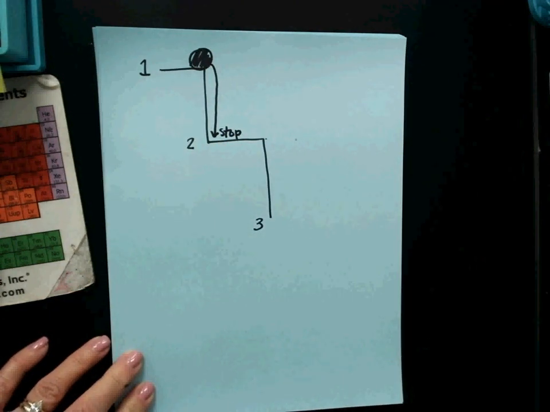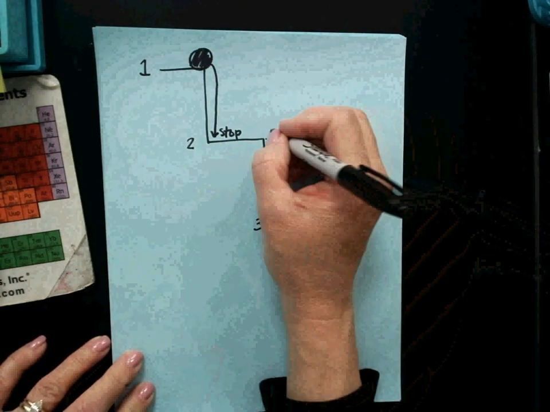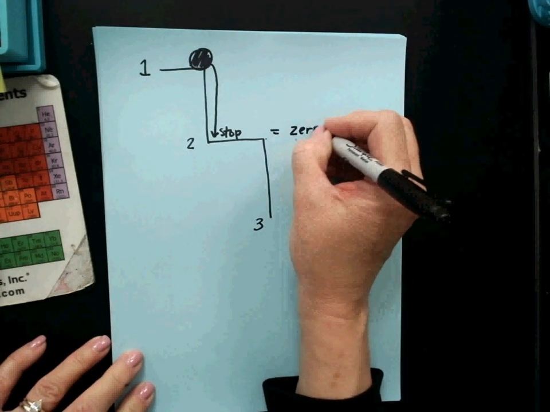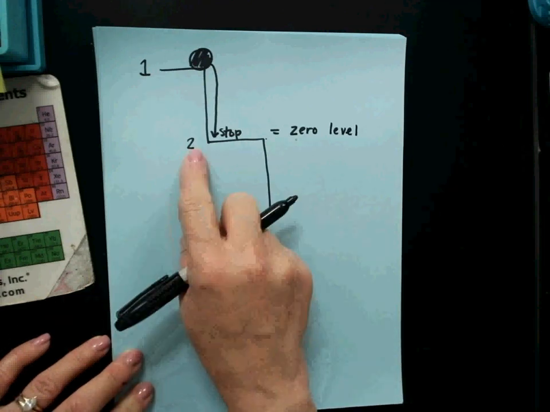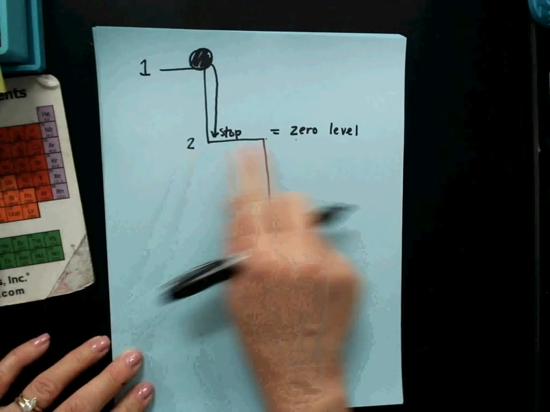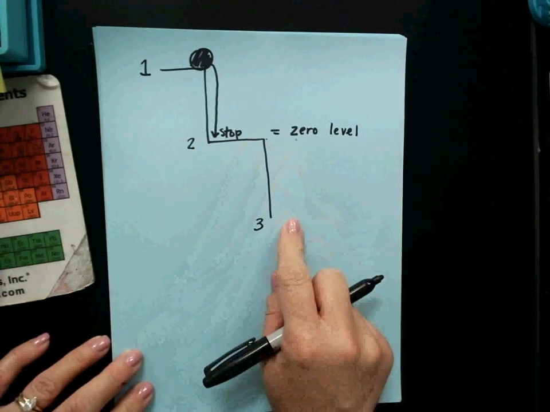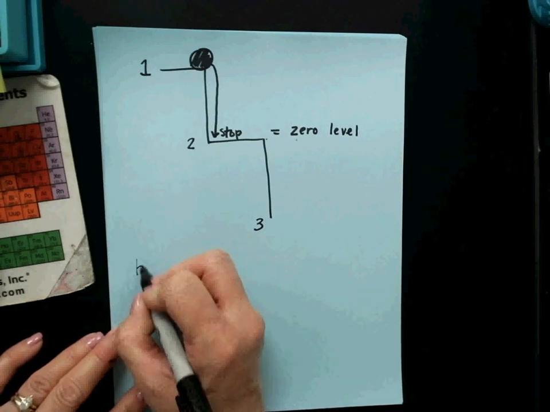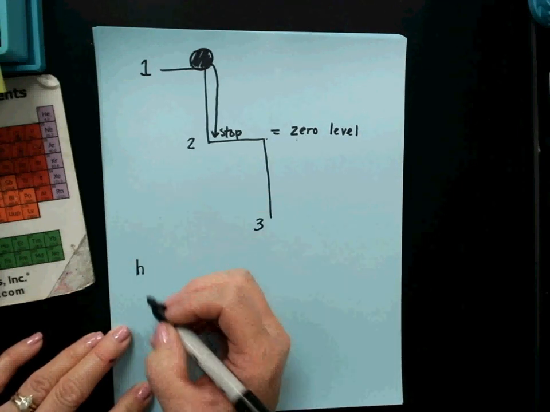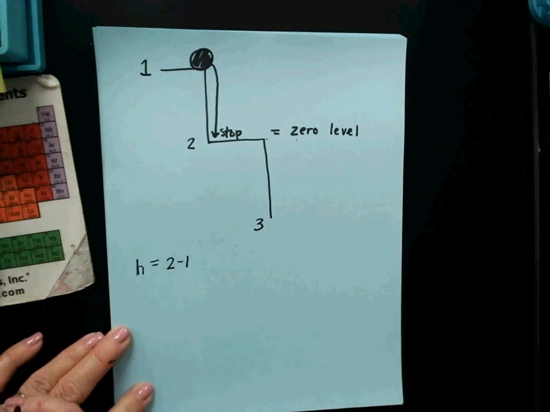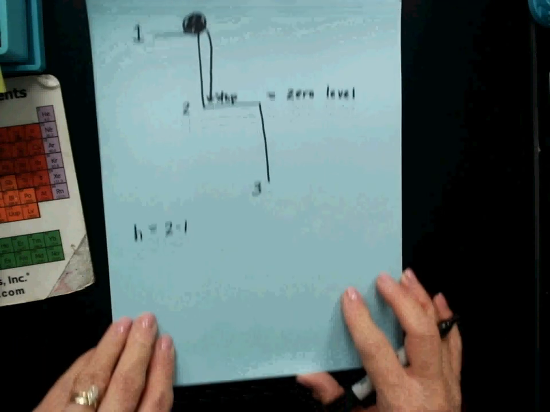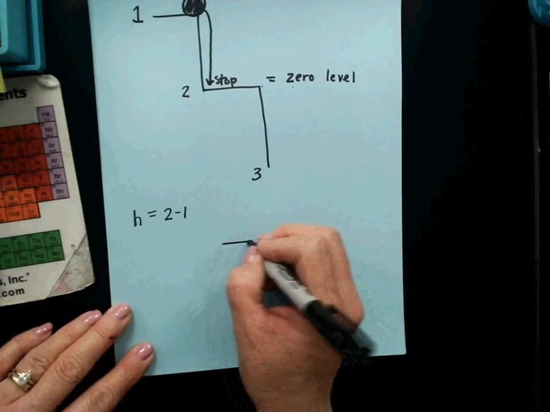And I say it's going to fall, and it's going to stop. Then my 0 level would just be point 2. I wouldn't be worried about any of this stuff down here. So when I find my height in this particular diagram, it would be equal to what? 2 minus 1. Or really, I guess, yeah, you could do it either way.